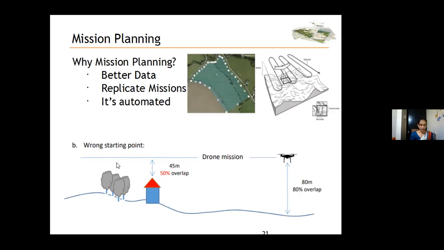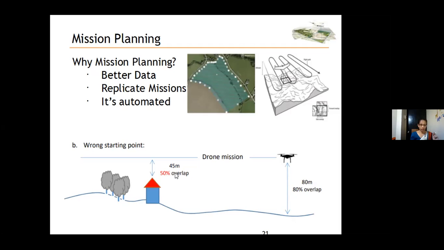This can result in insufficient image overlap, maybe less than 50% overlap, sometimes even zero, when capturing higher terrain points, high buildings, high trees, etc., in case you start the mission from lower positions. In this example, you can see the mission plan has been started from the lower positions, having 80% overlap.